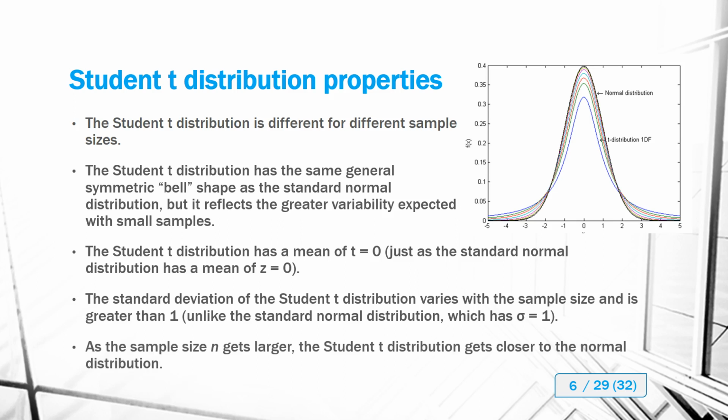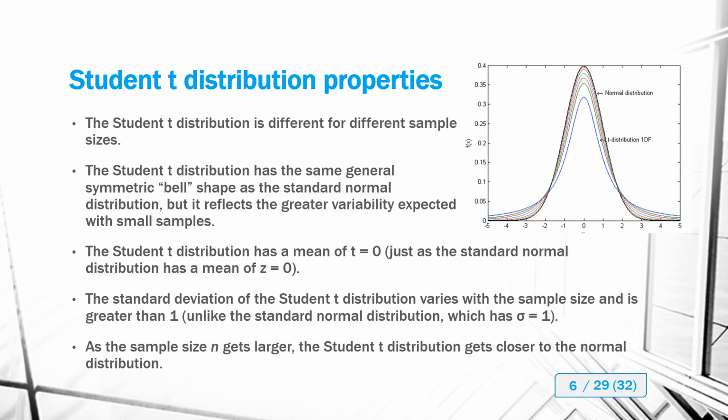Notice that as the sample size gets larger, the student t-distribution will get closer and closer to the normal distribution. Okay? So this is why, if we don't know what the population standard deviation is, we use the t value and not the z value, because this t-distribution accounts for more variability than we would see with a smaller sample.